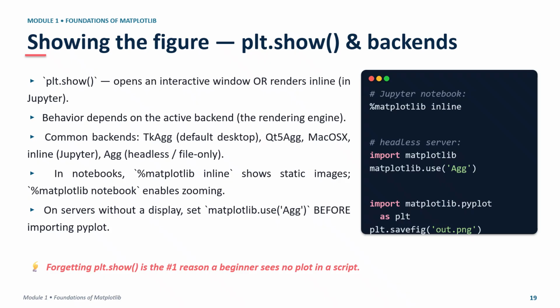And how the backend affects your workflow: in a Jupyter notebook, you can run %matplotlib inline once, and the plots appear automatically after each cell, so you don't even need plt.show. You can just run it and see your chart at the bottom.